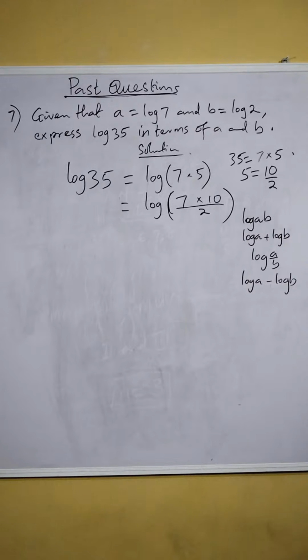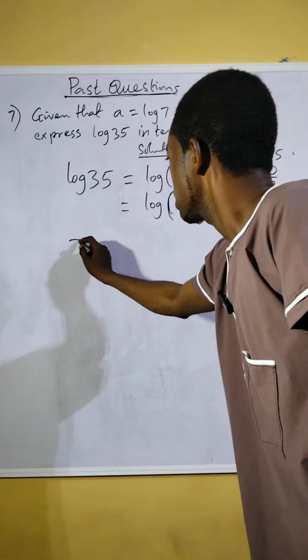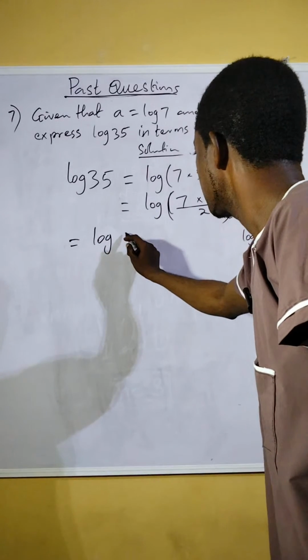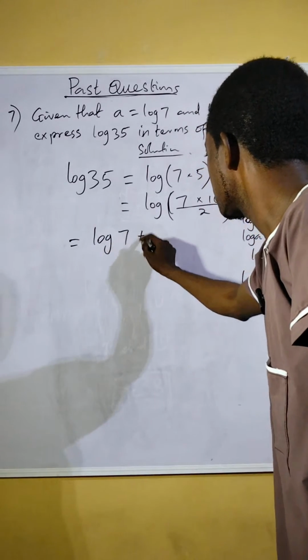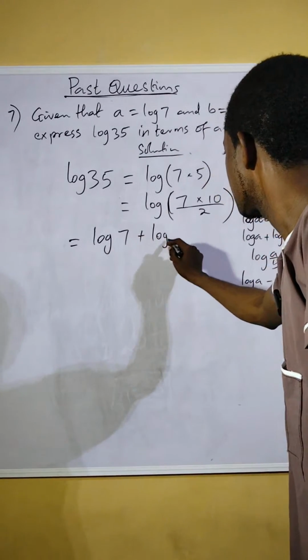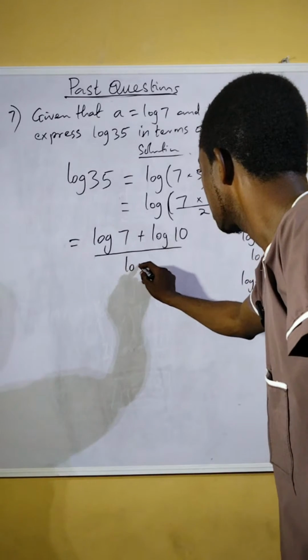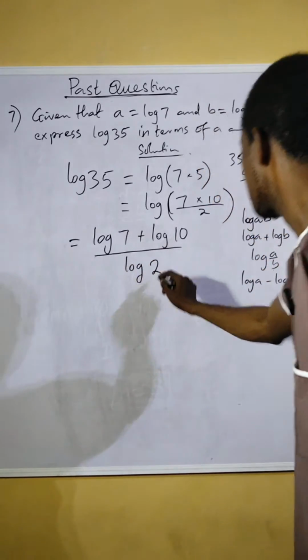So this can be log 7 plus log 10 minus log 2.